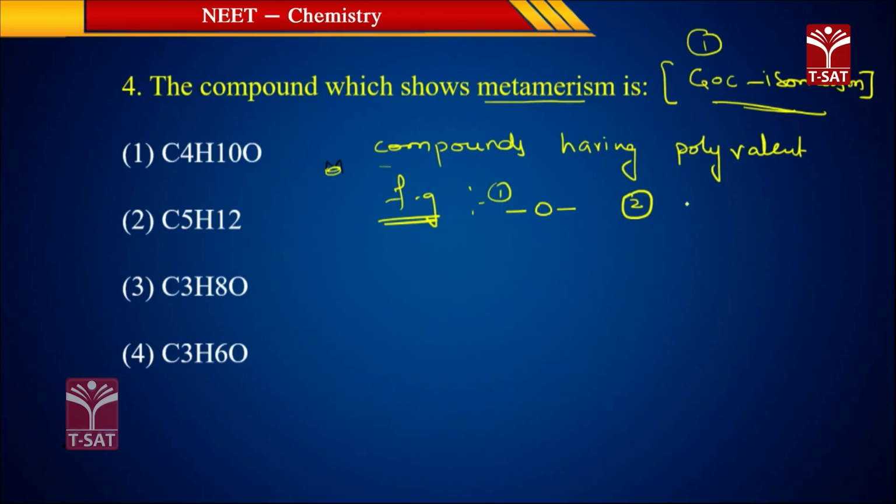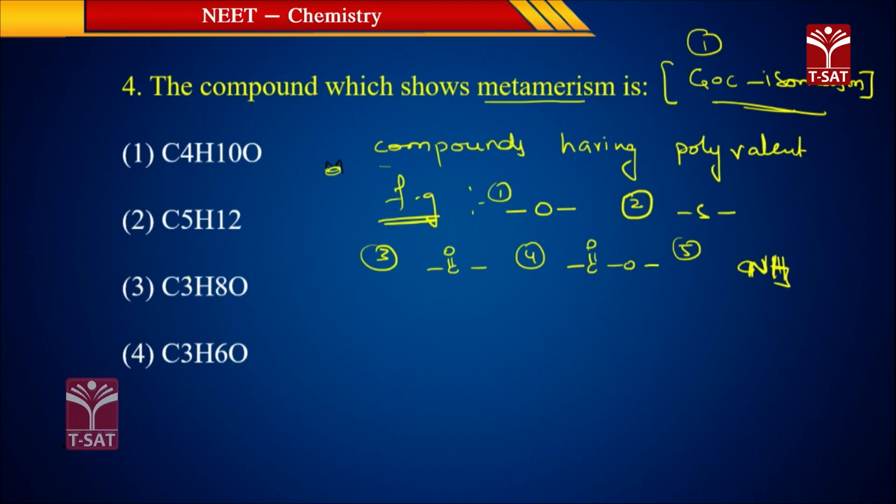Coming to sulfur, sulfur is also a bivalent functional group. Next, the carbonyl group is also bivalent. Next, the carboxylate group is bivalent. Then amines, NH3, primary amine, secondary amine, all these will show metamerism.